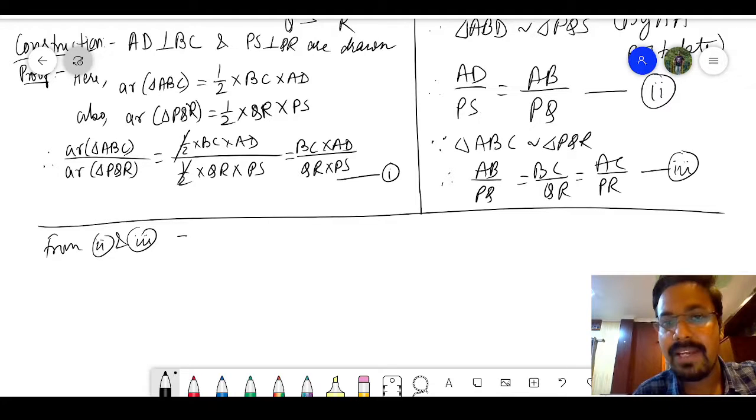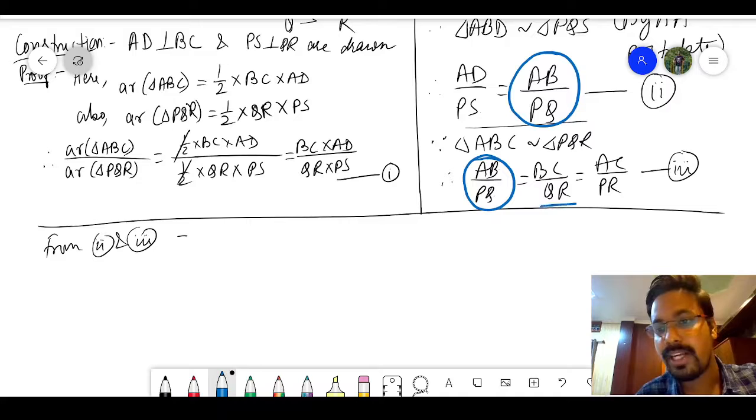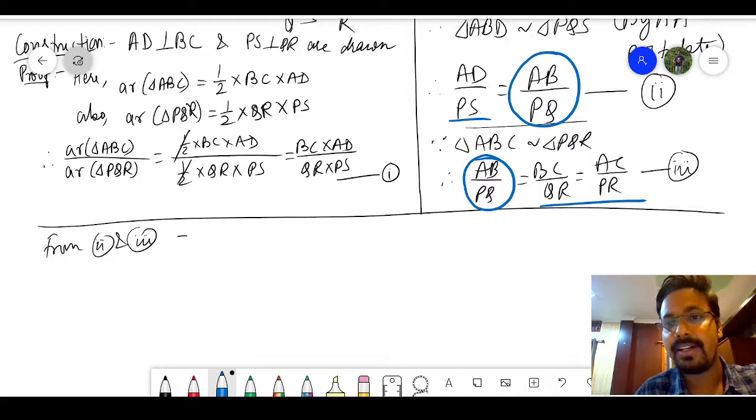See, AD by PS is equal to AB by PQ in number 2, and this AB by PQ is common in both. AB by PQ is available here, and AB by PQ is also available here.